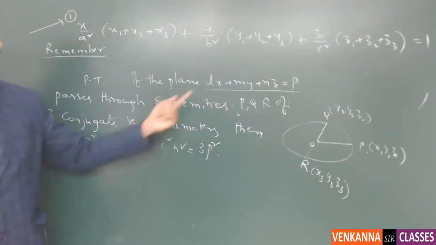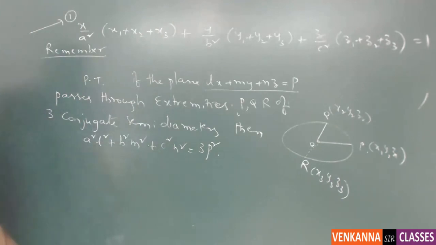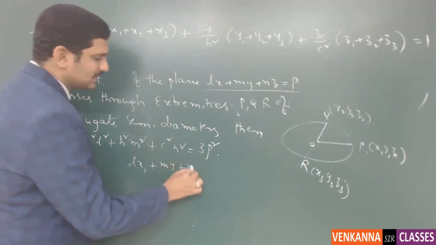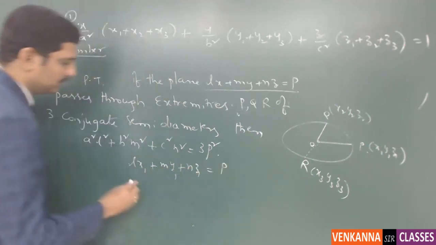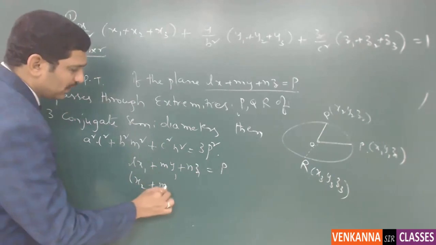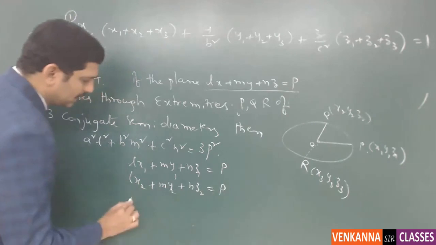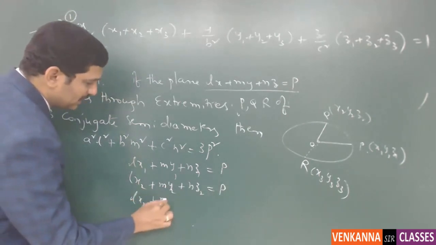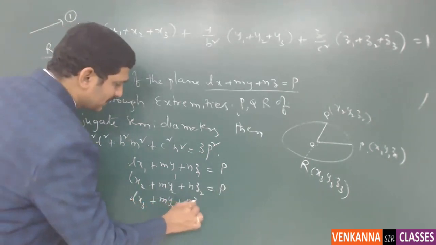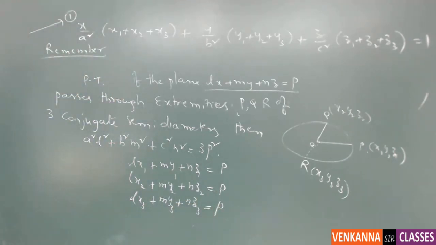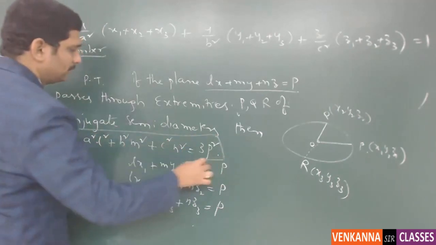So substituting the points in the plane, we have Lx1 plus My1 plus Nz1 is equal to P. Lx2 plus My2 plus Nz2 is equal to P. Again, Lx3 plus My3 plus Nz3 is equal to P. Right?